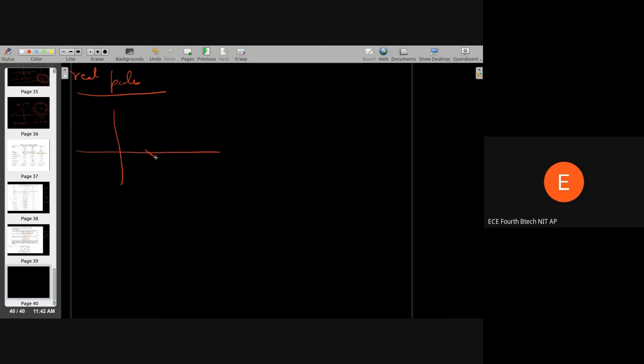Let's imagine there is a real pole somewhere, and let's just imagine H(z) equal to 1 by z minus some value a. So at a there is a pole.